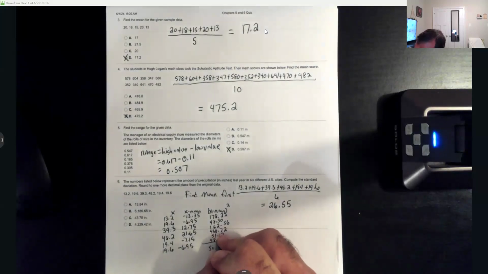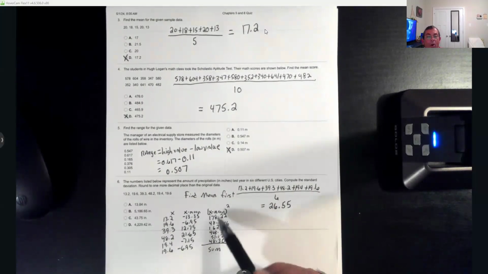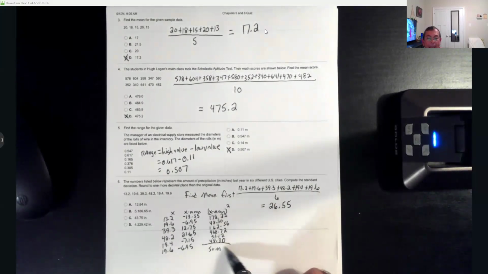All right, so once you got all these squared, they're all positive. Now we got to add all these together and get the sum.